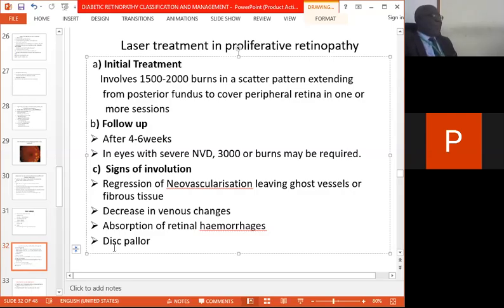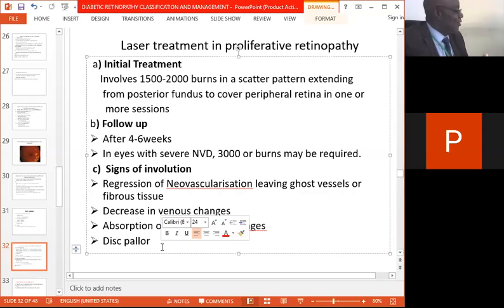And the disc pallor, the disc becomes pale. Those are good signs that the blood vessels are disappearing. But apart from that, you have to do a complete checkout with a fundus lens to see whether actually the blood vessels have disappeared. They may take some time. You may go for retreatment again to clear them off.